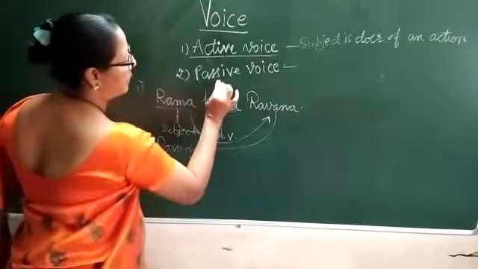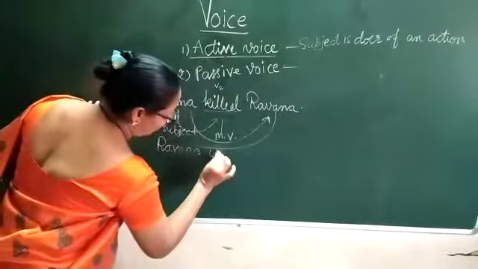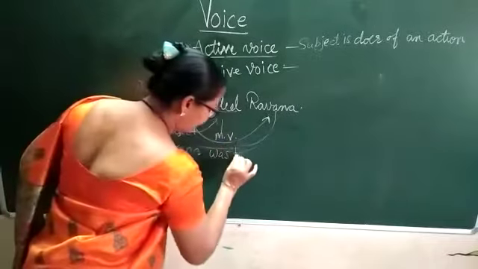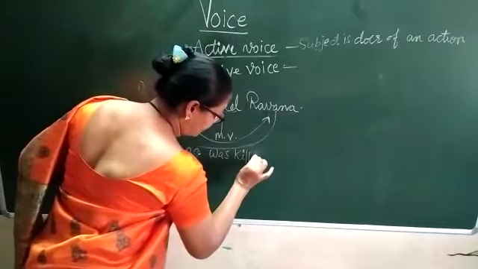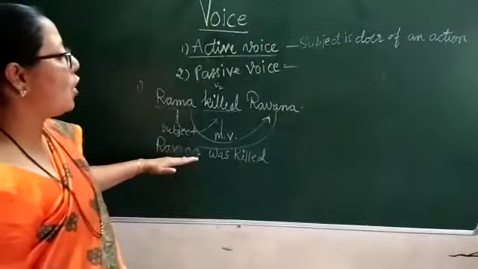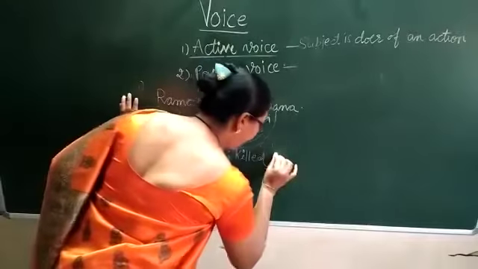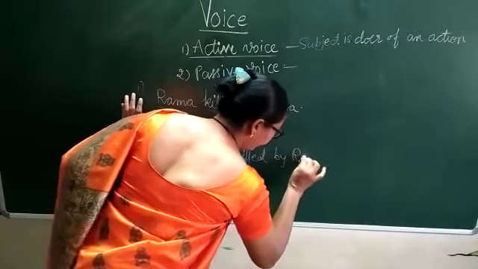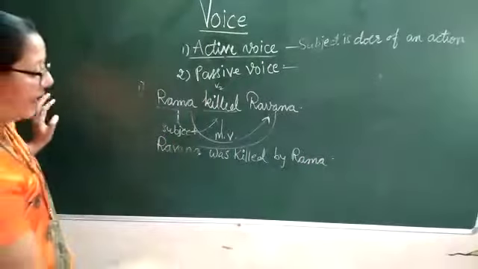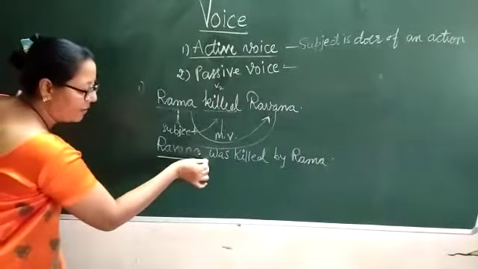Here we are going to use "was". Ravana was killed. Passive voice always follows the V3 form of the verb. You know it well. Ravana was killed by Rama.